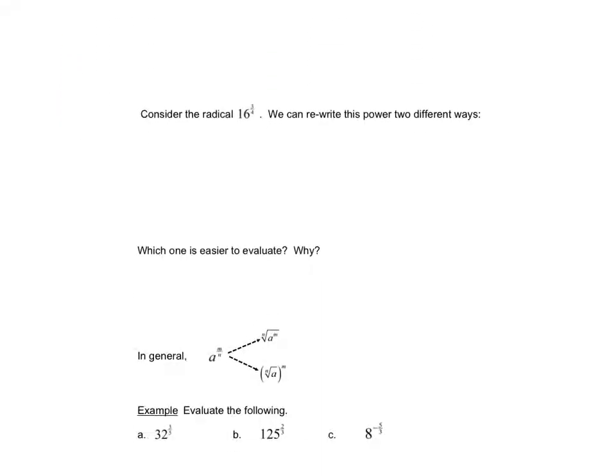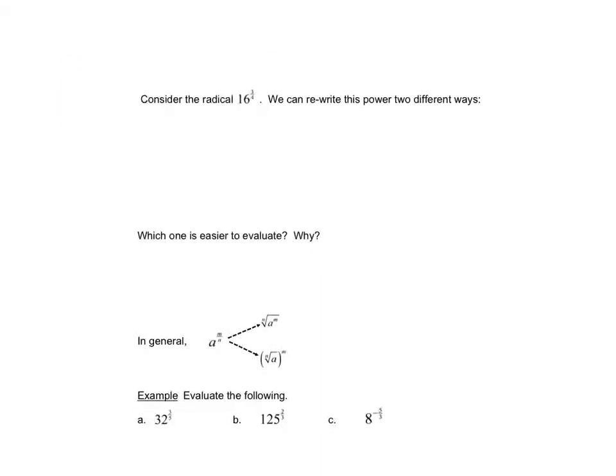So suppose we have 16 to the exponent 3/4. We can evaluate that 2 ways. Basically what we need to do is split the exponent apart, remembering that 3/4 is the same as 1/4 times 3. So we're going to split this two different ways.